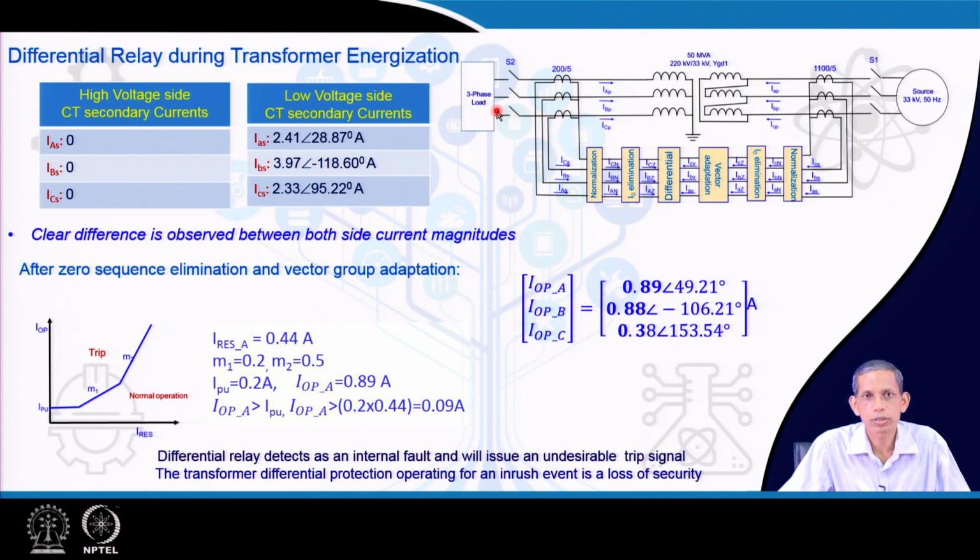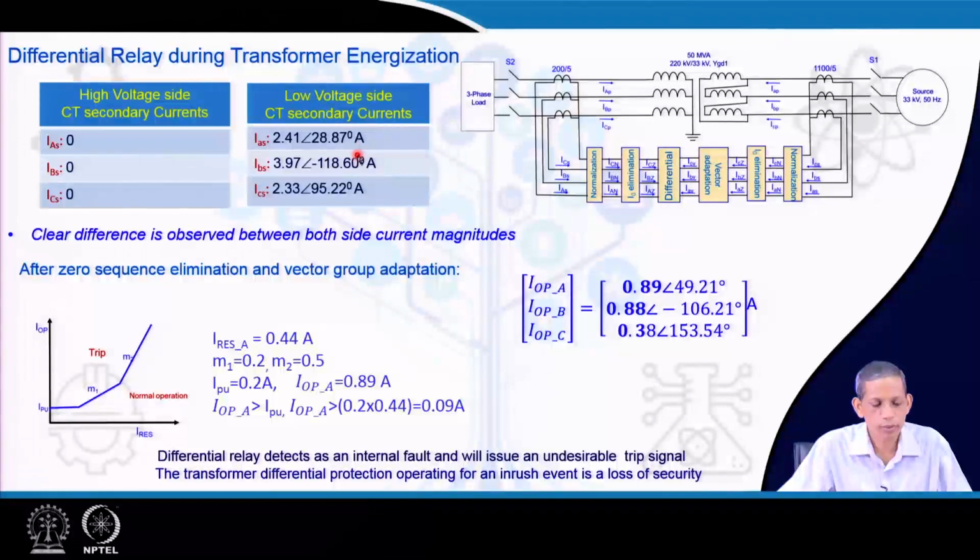The load is switched off, no load condition, and the transformer is energized, and then we take the different currents through the CTs, and process them for the differential relay operations.